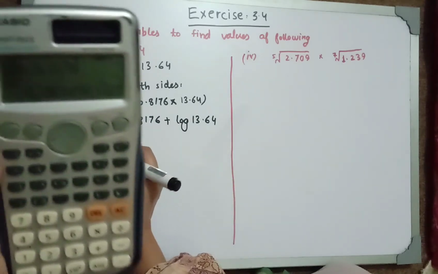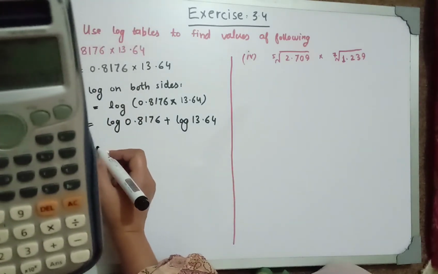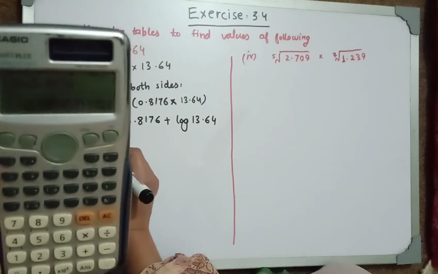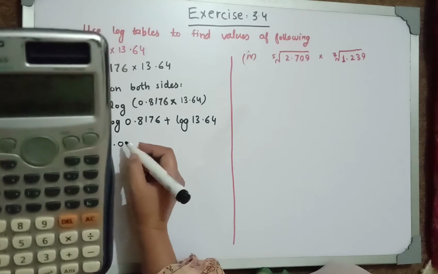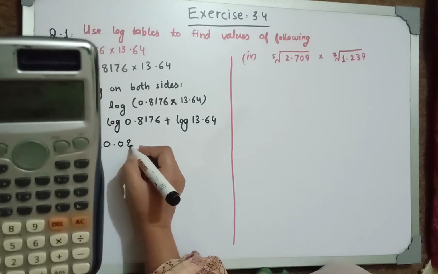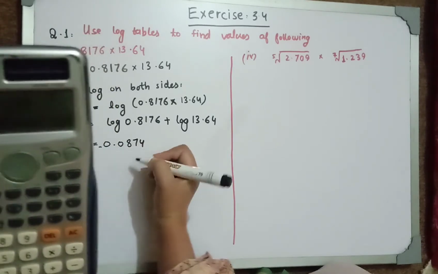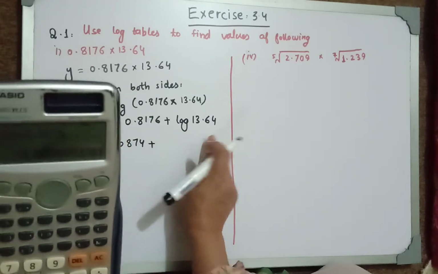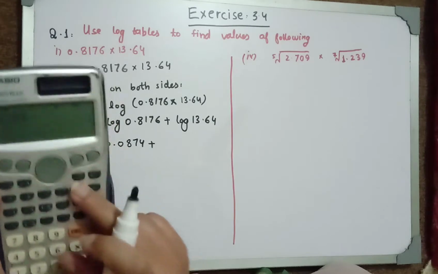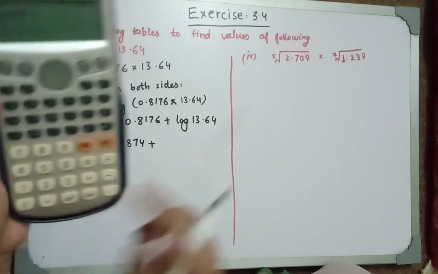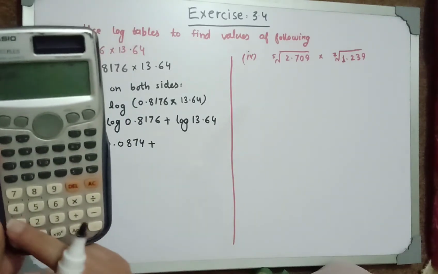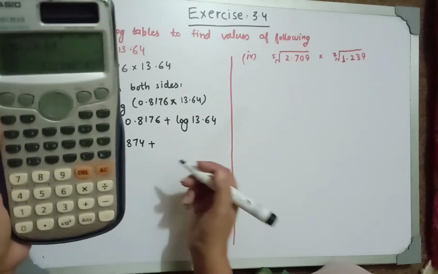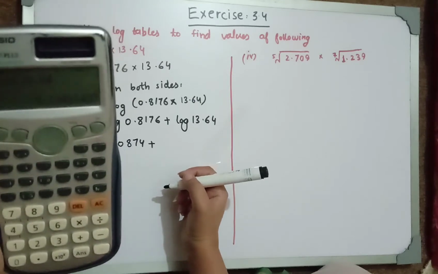Its log comes out to be 0.0874, right? Plus, now we will find the log of this number. So again I am pressing log and entering this number, 13.64, which comes out to be 1.1348.